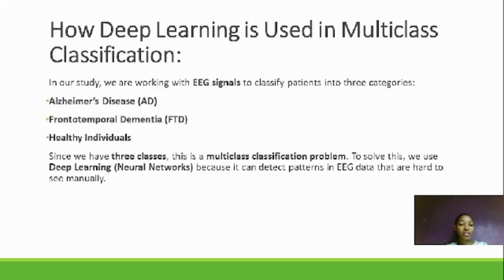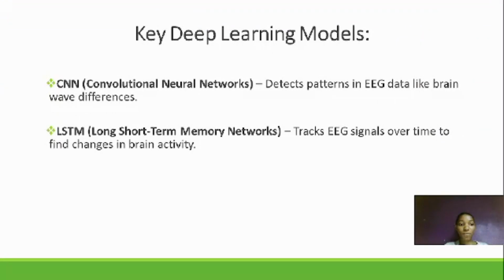Yeah, so the deep learning models were built using artificial neural networks. Those were inspired by the human brain, the neurons in our brains, so it follows that kind of working. In deep learning models, we have the convolutional neural networks.